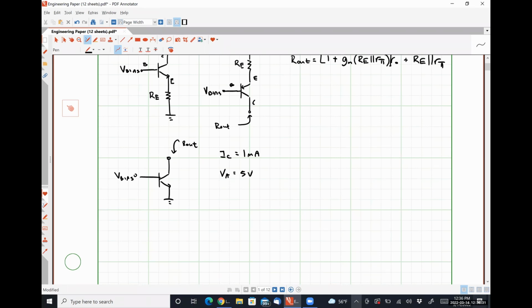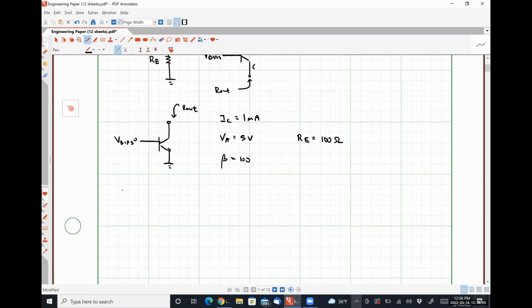Let's determine the output resistance of this configuration with beta equal to 100. And then we're going to repeat it with a degeneration resistance RE of 100 ohms. Okay. So we're effectively looking at what the purpose of this degeneration resistance is.